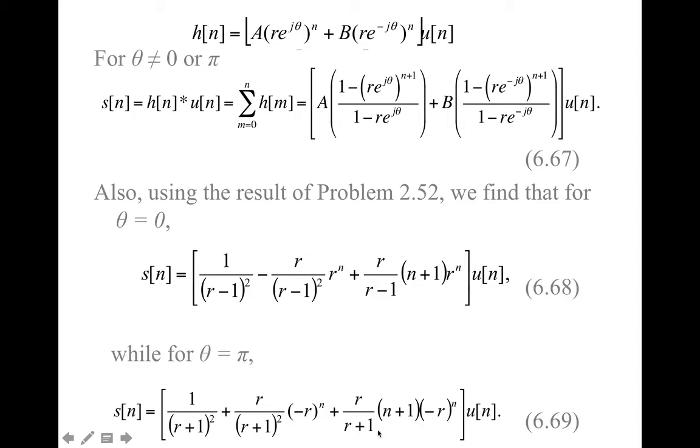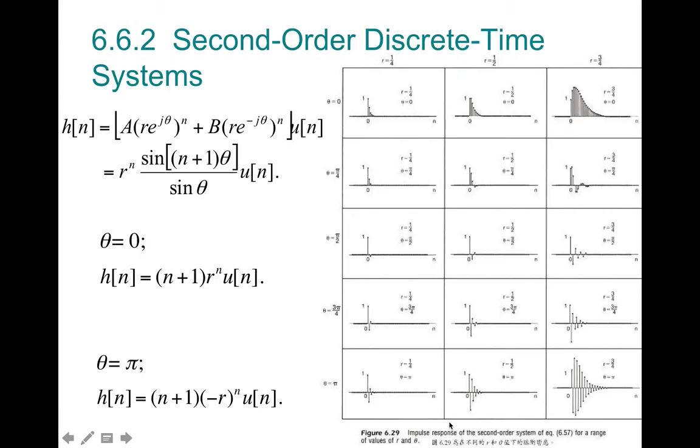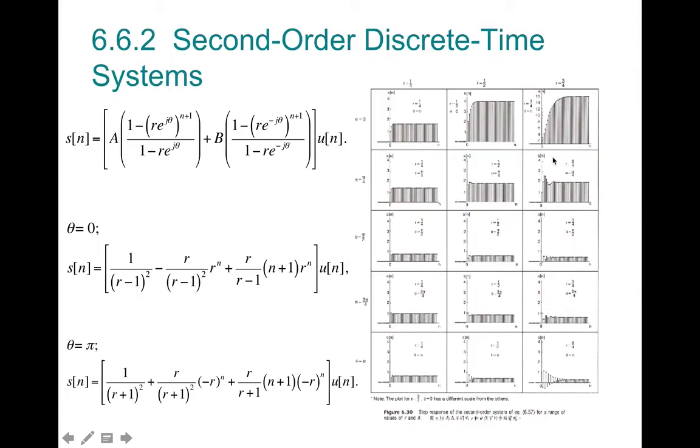Here we're showing you the result equation, and then we could write a computer program to visualize it. So when theta equals 0, it is monotonically increasing, but increasing to a different value depending on your r. If r is closer to 1, it increases to a higher value.